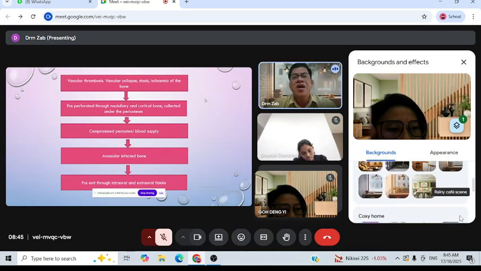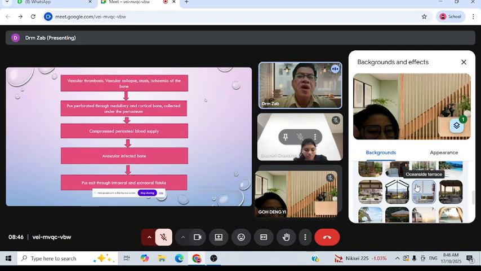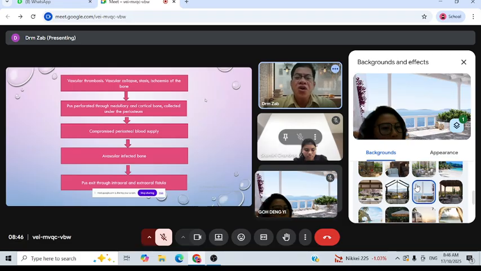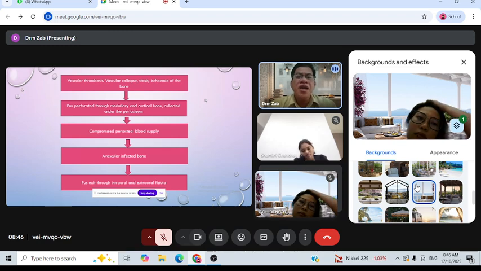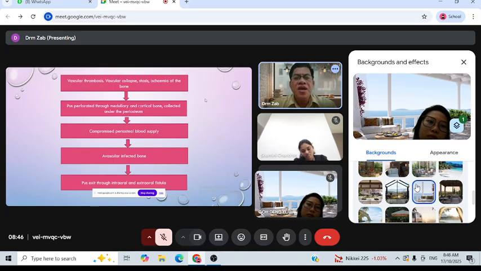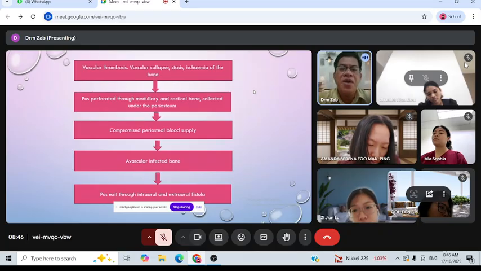You know, periosteum is a tissue which is rich with blood supply. So when the periosteal blood supply has been compromised, the blood supply to the cortical area will be affected, right? So you will have all this infected bone, and you will have what we call avascular infected bone. Avascular meaning the necrotic bone has no blood supply at all.